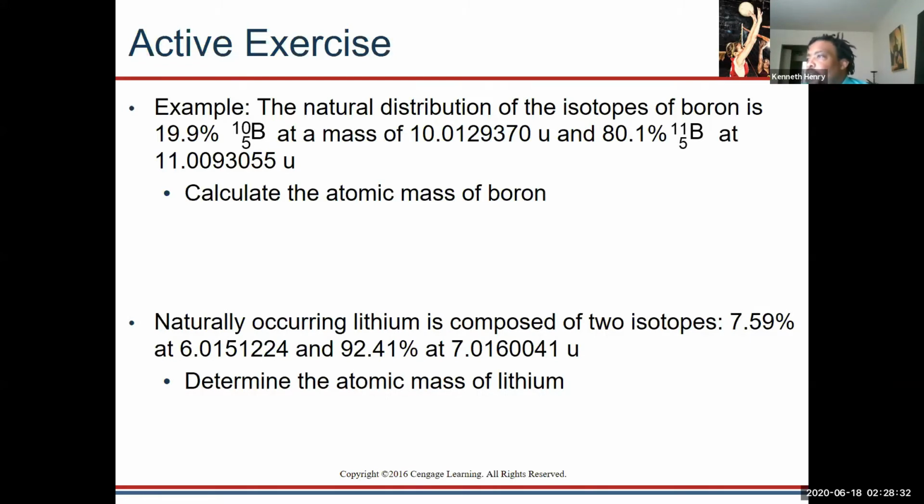So that's 10.0129370. And 80.1% of boron 11, which is 11.0093055. So how would we do this?